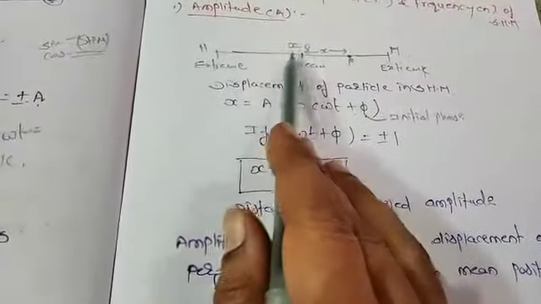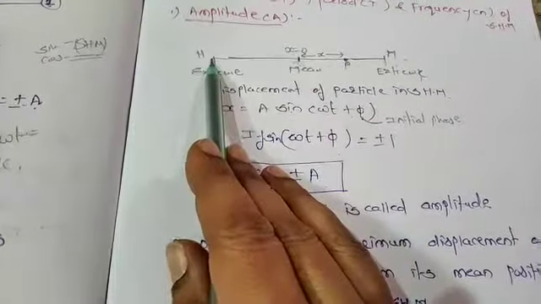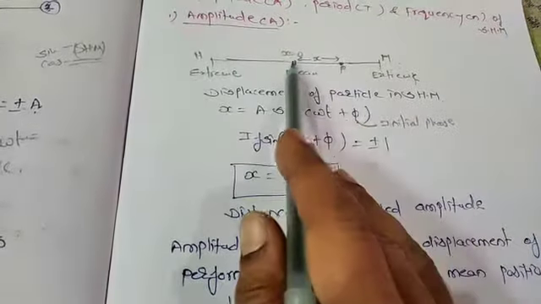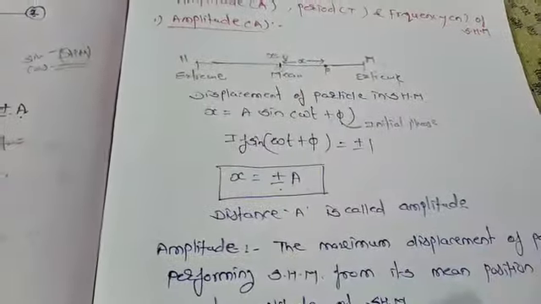Again towards this side, from the mean to position N, this is the maximum displacement. This is nothing but the amplitude as far as this figure is concerned.